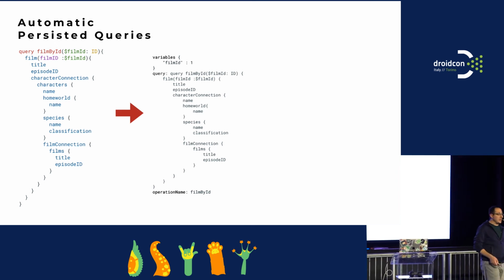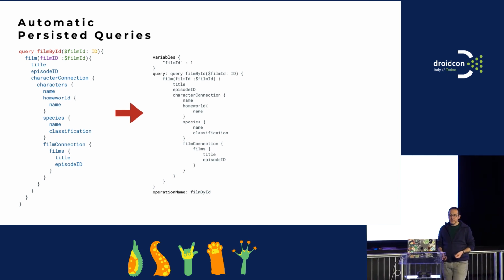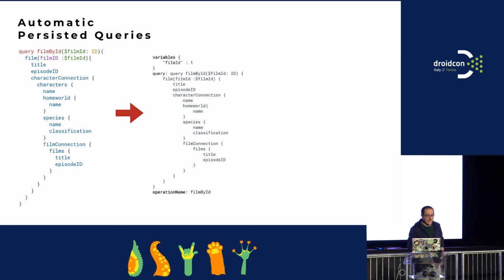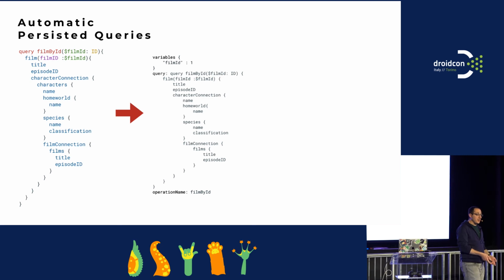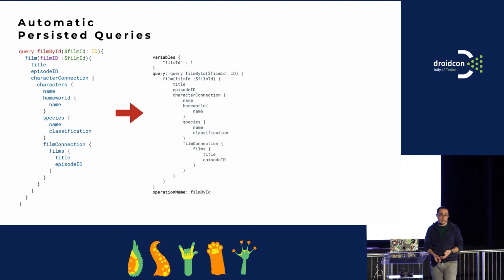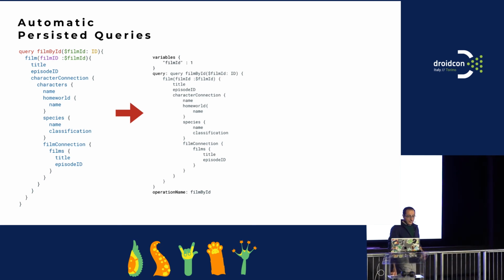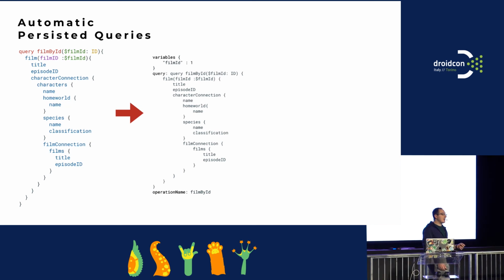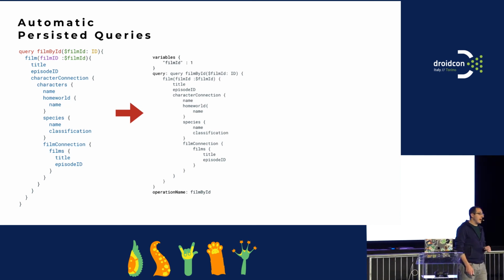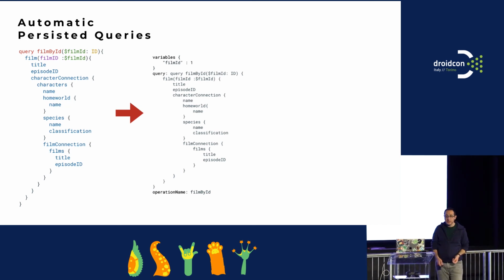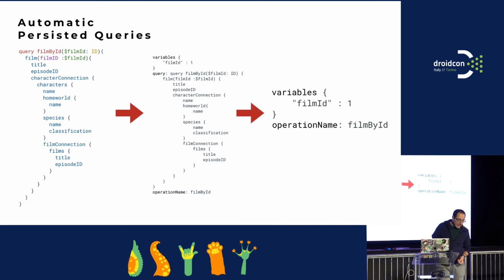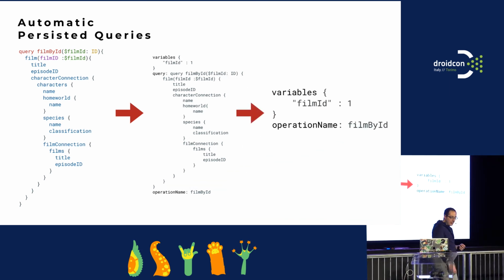I mean, it's important once, but since we already talked about the fact that we have the query inside our code, it's not going to change unless we change the app. So the only things that actually can change in this request from one execution to the other are the variables and the operation name.